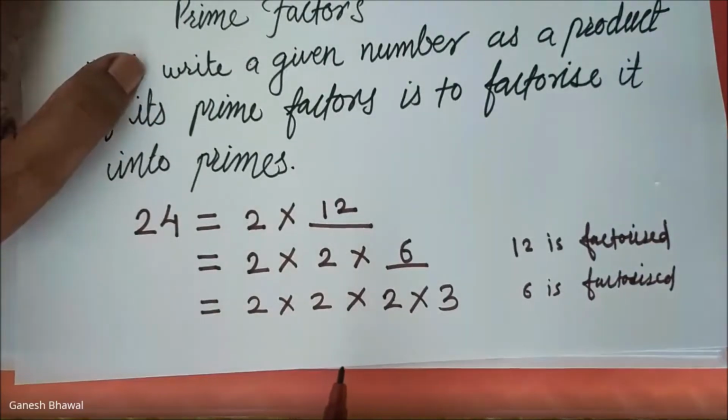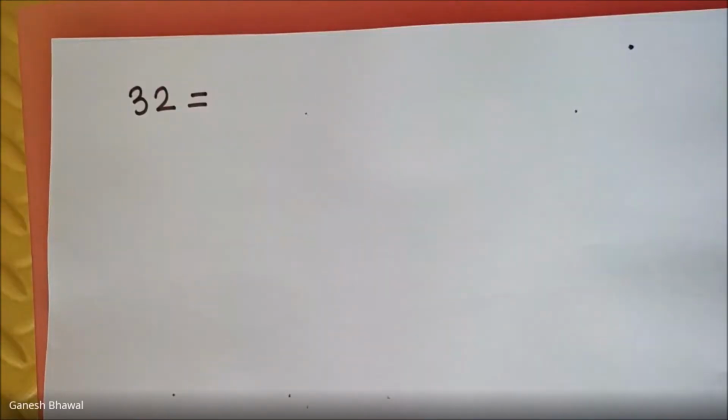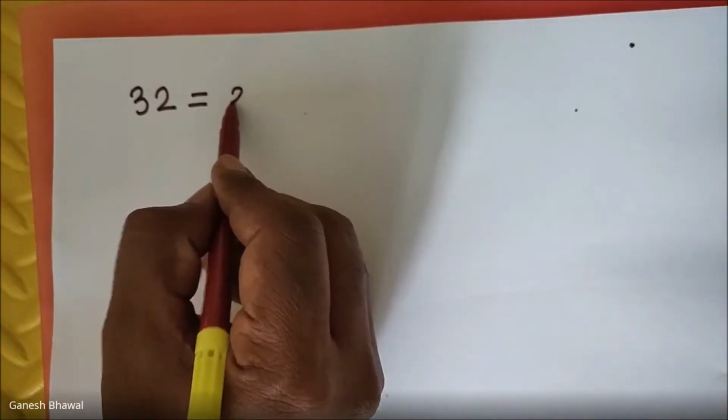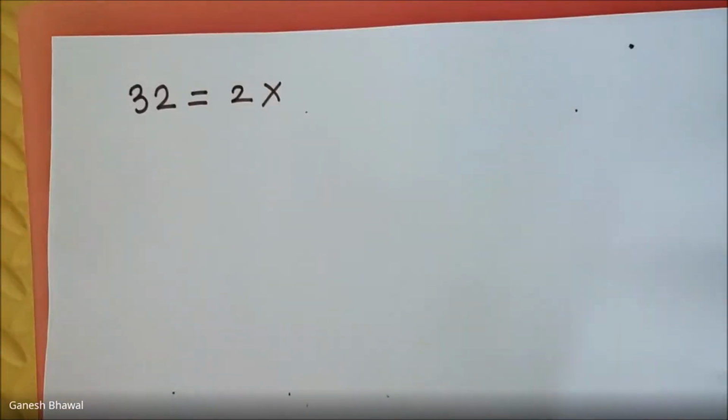We'll take a second example. Again, we have taken an even number, so you will start with 2. So tell me, 2 into what is 32? Correct, 16.